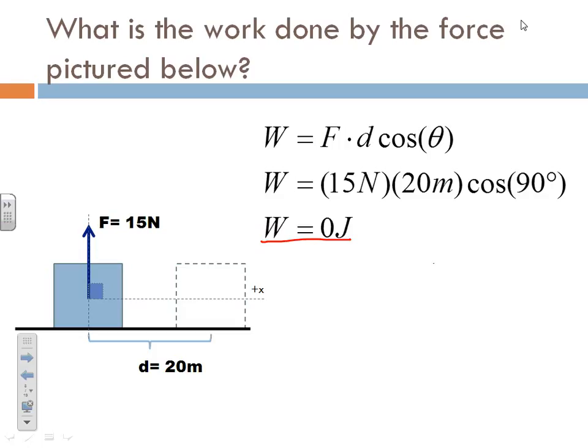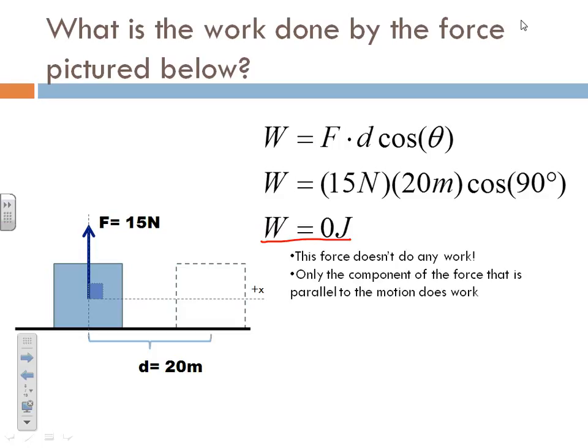But why is that the case? Well, here's the thing. This force doesn't do any work because it's only the part that's parallel to your motion that does any work. So this 15 Newton force has no parallel component. There's nothing to the right and there's nothing to the left. It's all straight up and straight down. It's perpendicular to the motion.